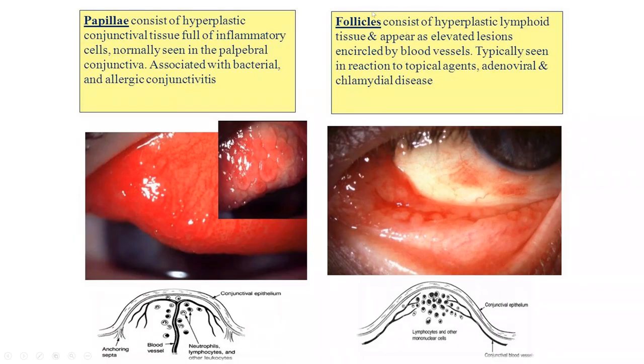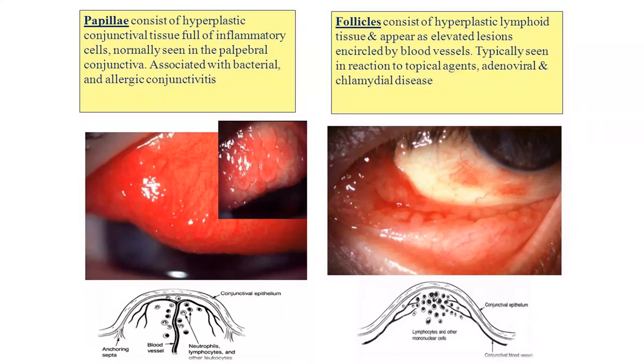As I told you, it is a hyperplasia of lymphoid tissue. If the lymphoid tissue is not well developed, as in neonates, they will not occur. So if a neonate presents with a disease that causes follicular conjunctivitis, you may not find the follicles very prominent. Okay, so this will be our differential.